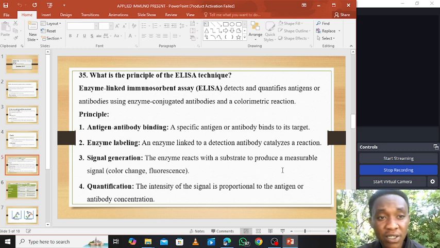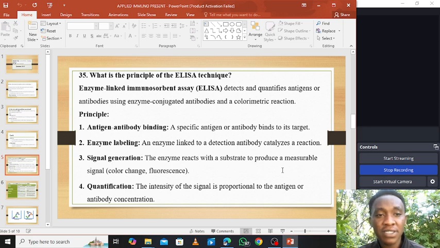Let's look at the next question, which says: what is the principle of the ELISA technique? As we know, ELISA stands for enzyme-linked immunosorbent assay, and ELISA detects and quantifies antigens or antibodies using enzyme-conjugated antibodies and a colorimetric reaction.